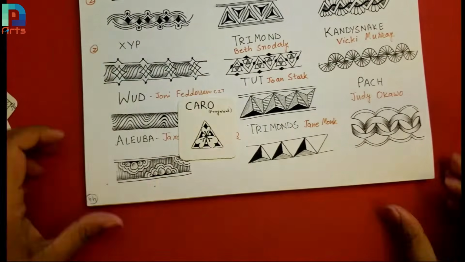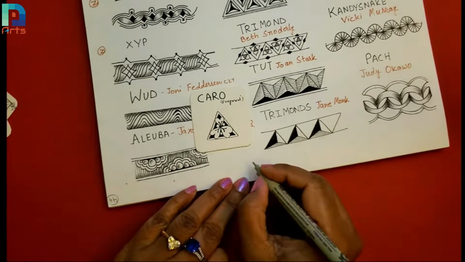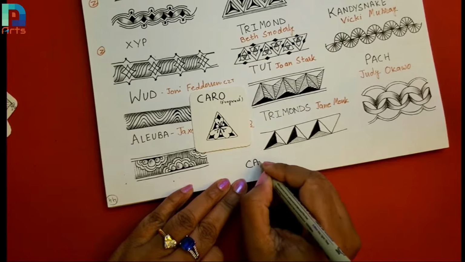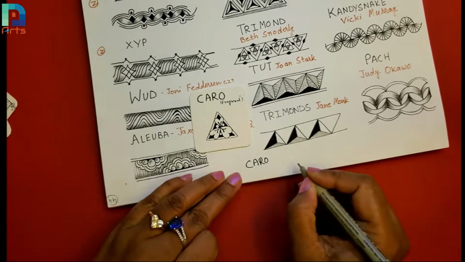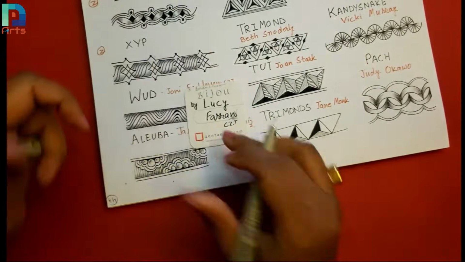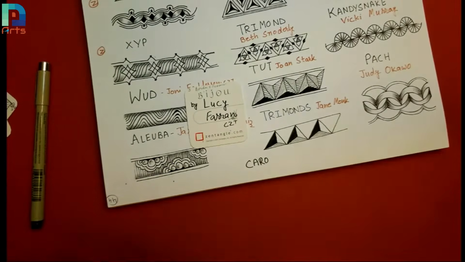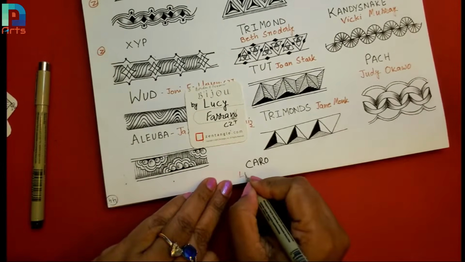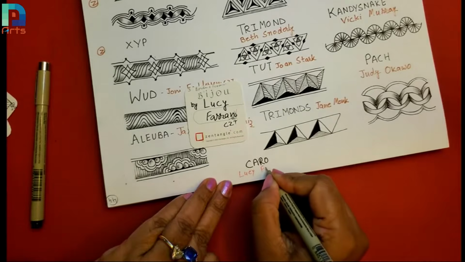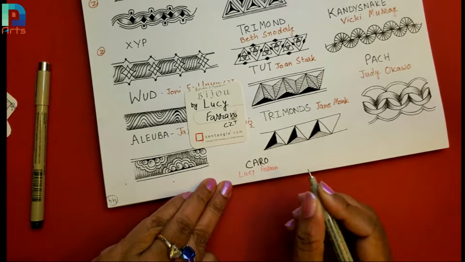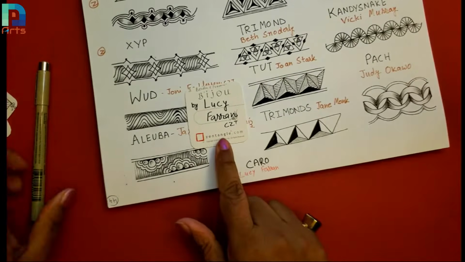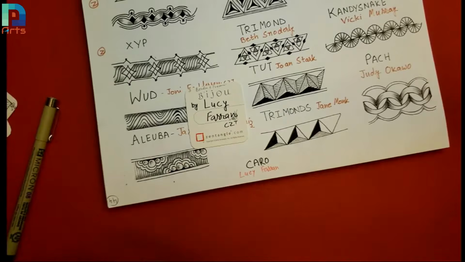So according to me, it fits very well here. Caro tangle. And this tangle has been deconstructed by Lucy Farron, CZT. I'm adding it into the border and frame tangles.